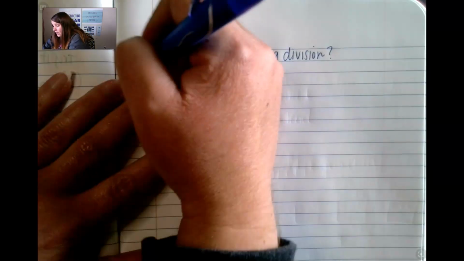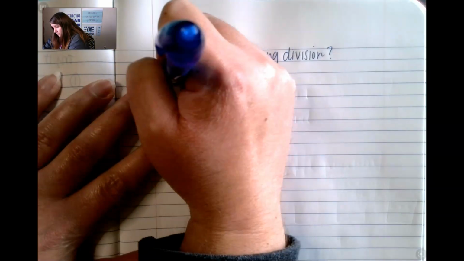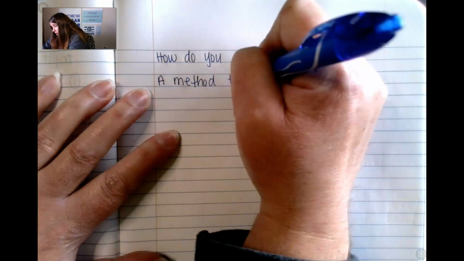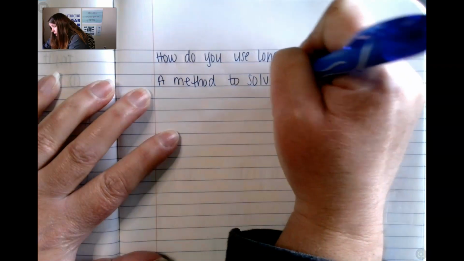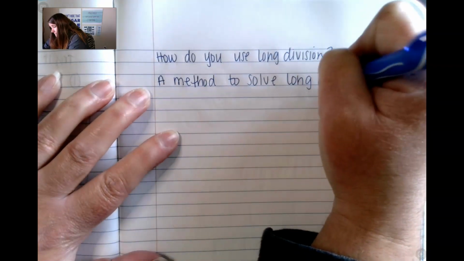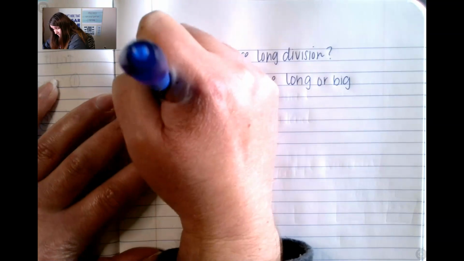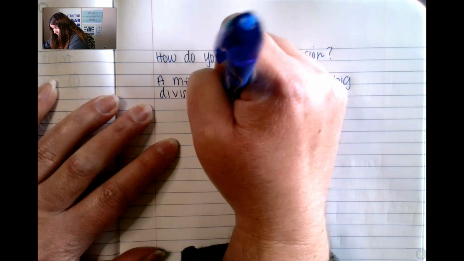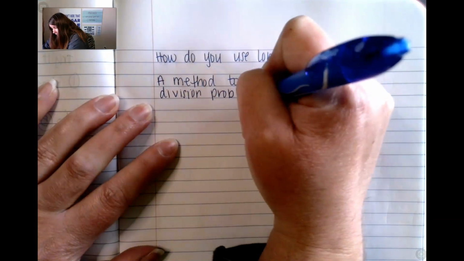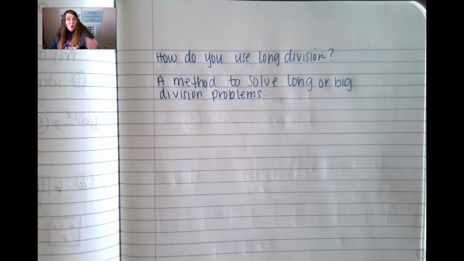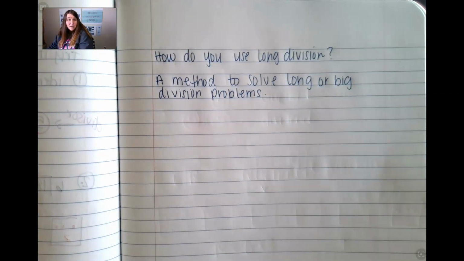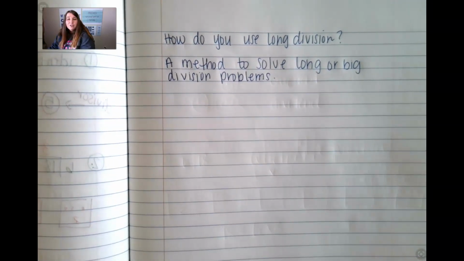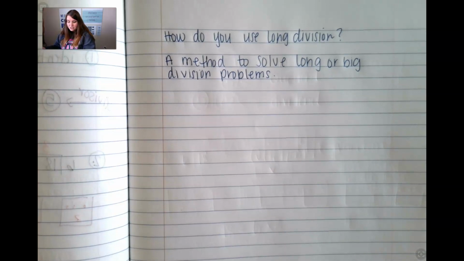It's a method to solve long or big division problems without pictures. You can draw pictures if you really want to, but nobody's going to want to draw these big giant pictures.